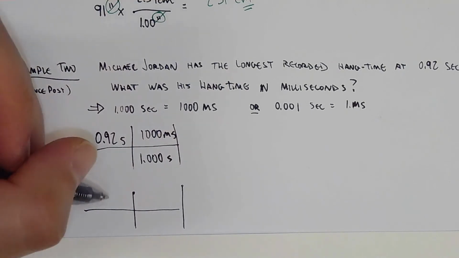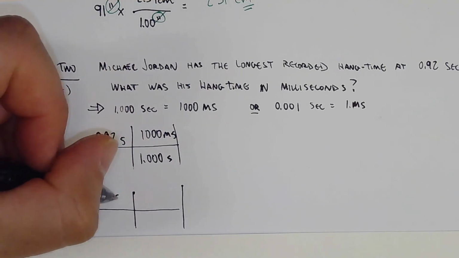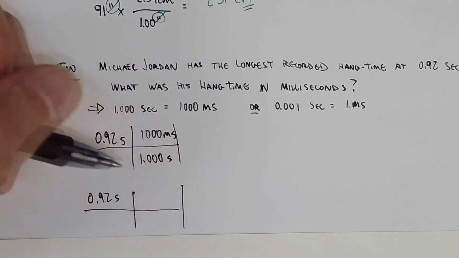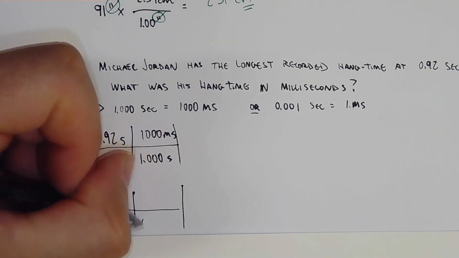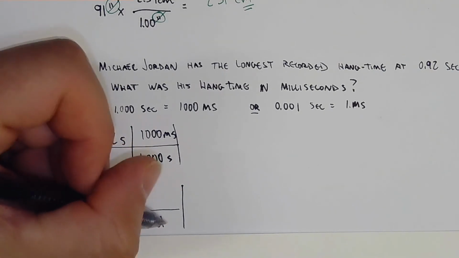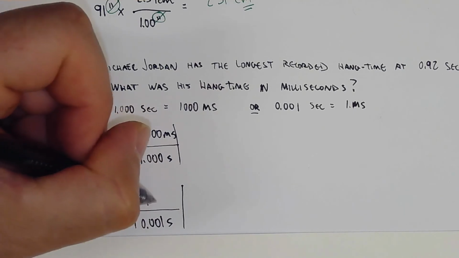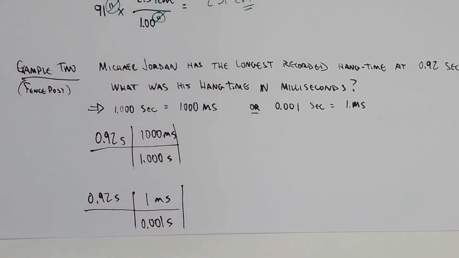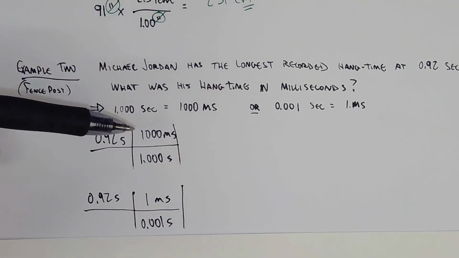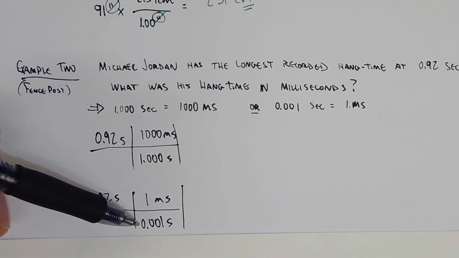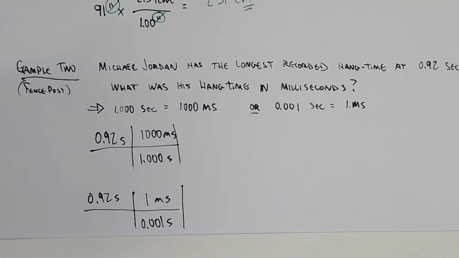We can do it again. Now, in the real world, you would never be doing it twice. That would be a waste of time. But just to show you, if you're worried about how do I know if I'm picking the right one, you don't have to worry about picking the right one. It's going to work out the same no matter what. So I can multiply by 1,000, or I can divide by 1,000th. If you're snappy with your math, you'll know that that is effectively the same thing.